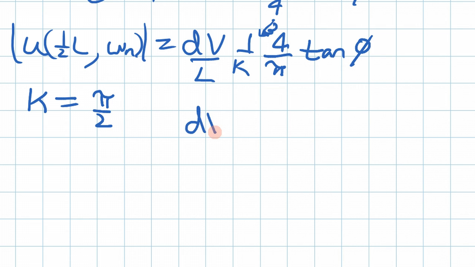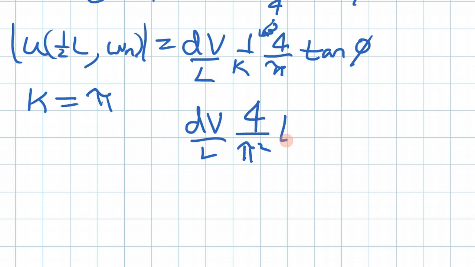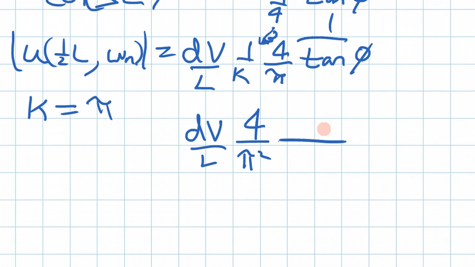Therefore, this number is going to end up becoming, it's not pi over 2, it's just pi. 4 pi squared, and this is the 1 over tangent, so this is 1 over. So we have 1 over tangent. When you know the cotangent, you had to flip it over to get the tangent, and I just forgot to do that. So this is the actual term you have for the displacement.